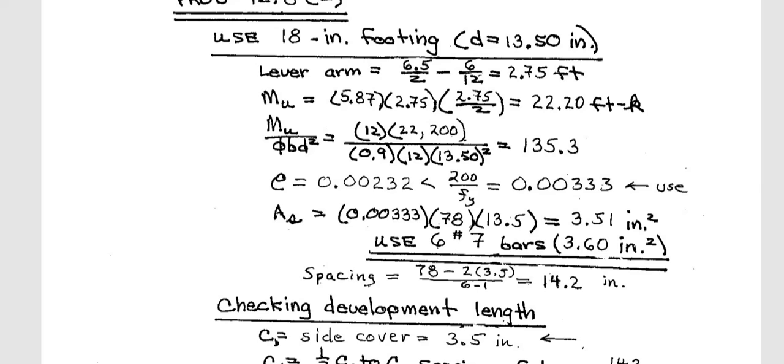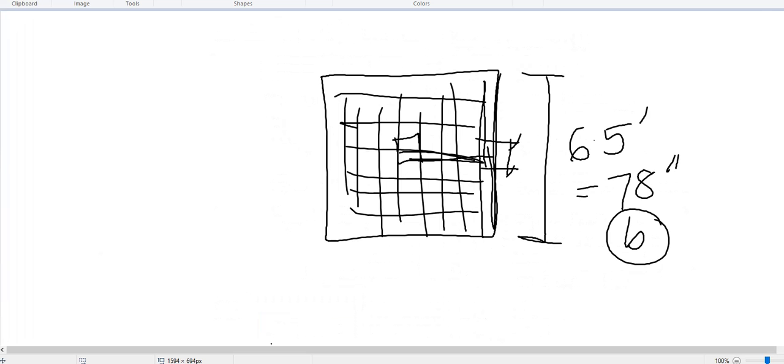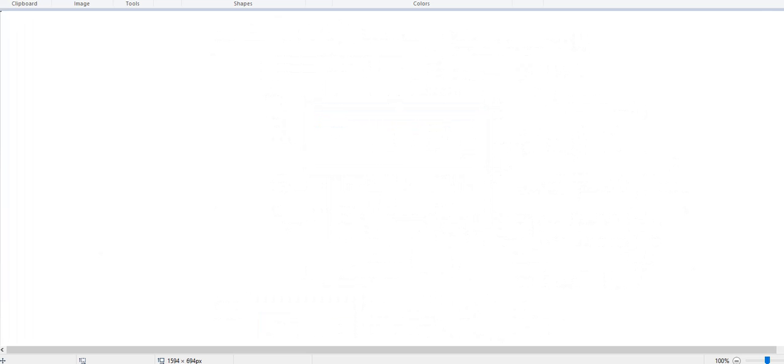So they got 3.5 inch square, and from table A4 they selected, yes, 6 number 7 bars. That means they are providing 3.6 inch square, slightly more is okay. What will be the spacing? 78 minus 2 times 3.5 inch, that means it is the clear cover, divided by 6 minus 1. Where are they getting this?